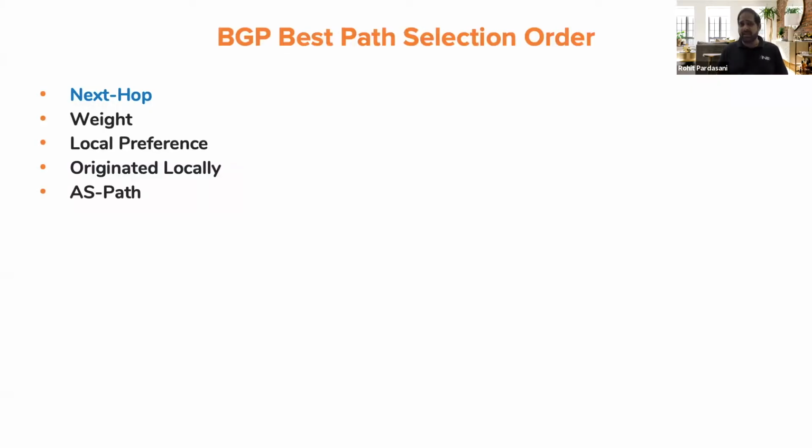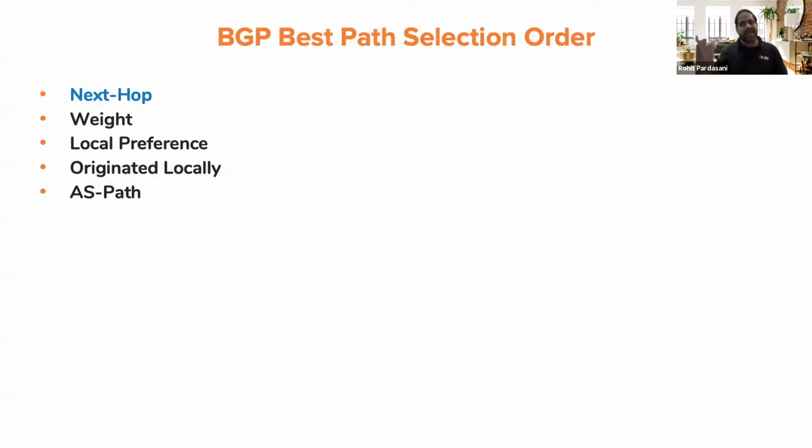If that's the same, if it's not locally originated, it goes to the next criteria, which is AS path. AS path is well known and it is mandatory. Because it's well known, all BGP implementations would understand that. And because it's mandatory, it must be present in the BGP update. If it's not, then the BGP update is discarded.